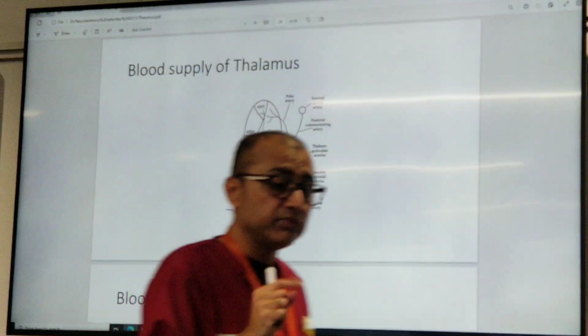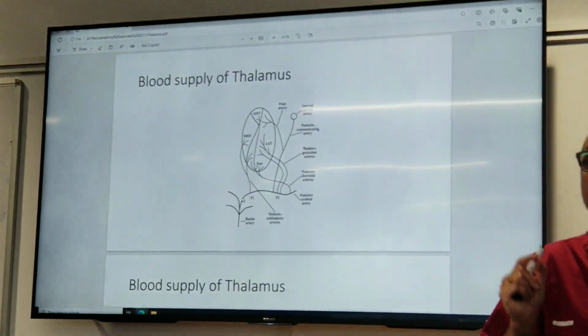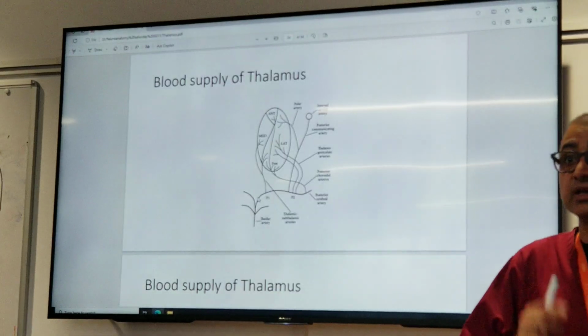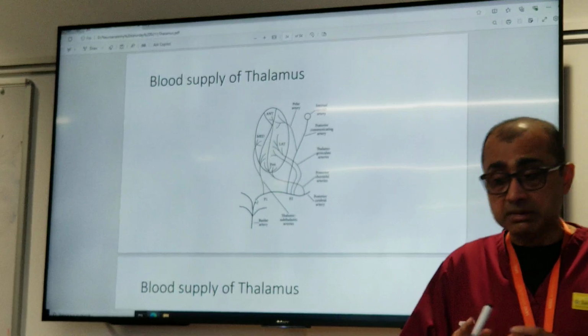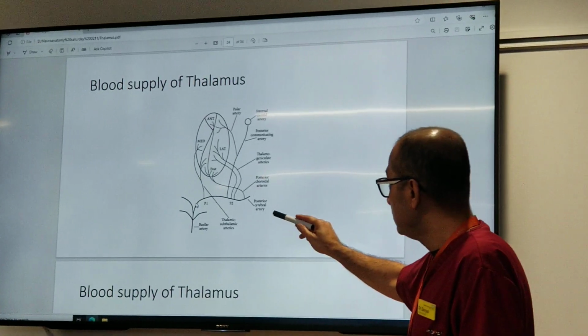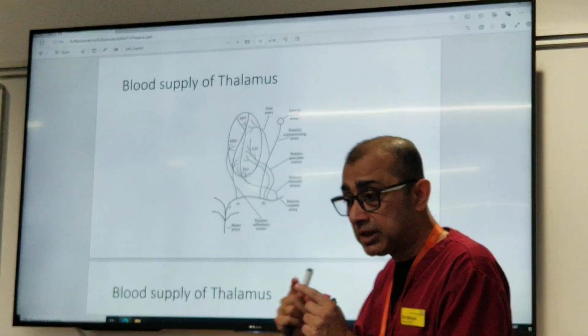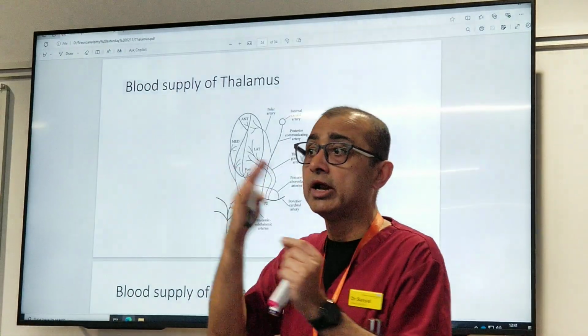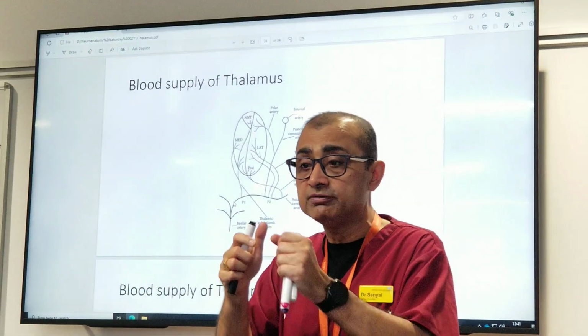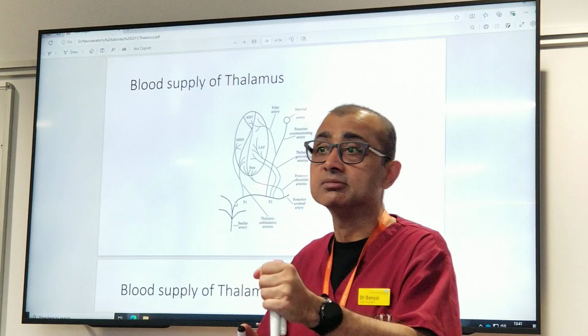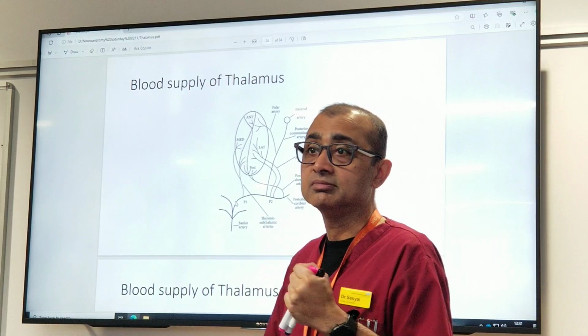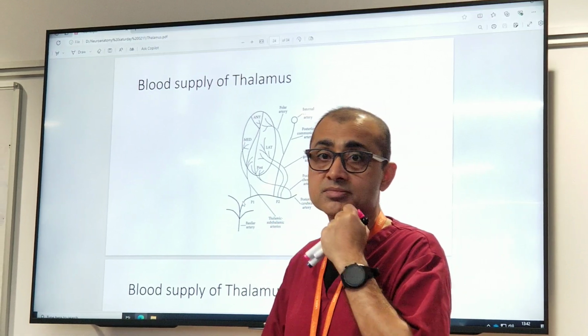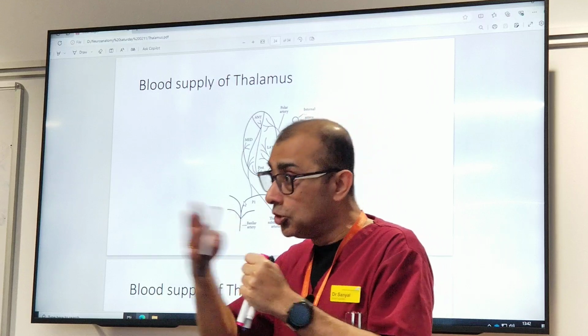Now one other thing you should know, what is the artery of Percheron? It comes in exams. Sometimes one posterior cerebral artery supplies both thalami, both right and left. So if that artery is blocked, what will happen? What type of damage will happen? On both thalami.